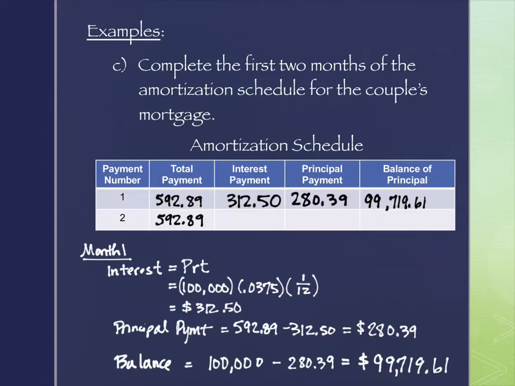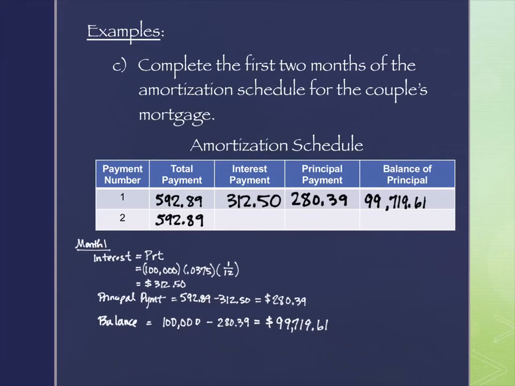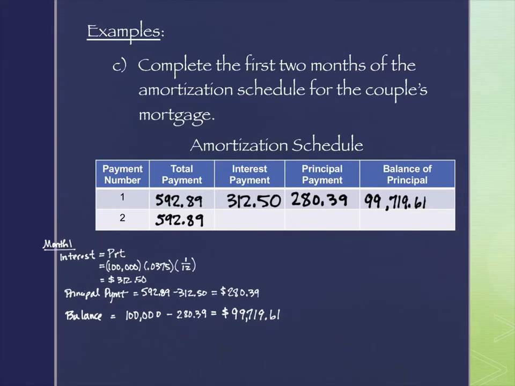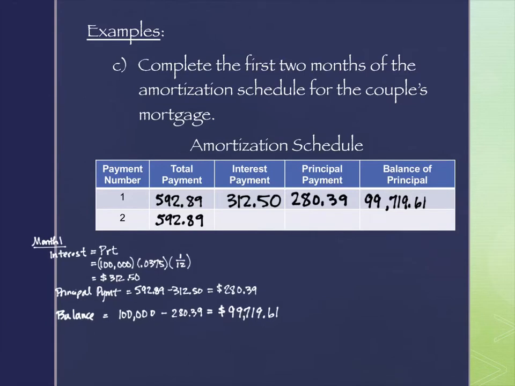So what do I do for month 2? Well, I do exactly the same thing, but the numbers are altered slightly, because I no longer owe $100,000. I owe $99,700 and some change. So I'll shrink this, and then we will follow the same process for month 2. Okay, so for month 2, my interest.